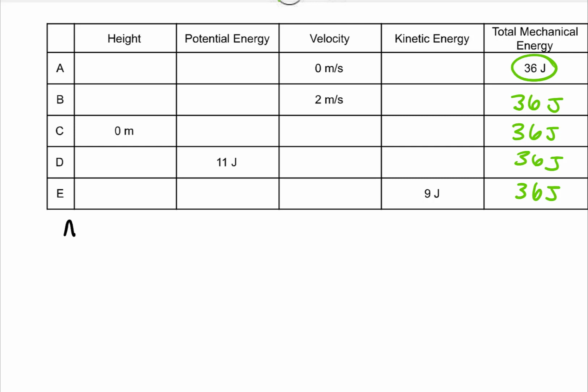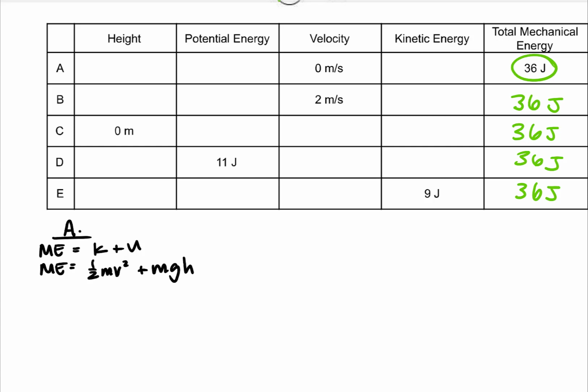So for A, I know the total mechanical energy is equal to kinetic energy plus potential energy. So the total mechanical energy is going to be 1/2 mv squared plus mgh, right? So that's how we're going to calculate things.